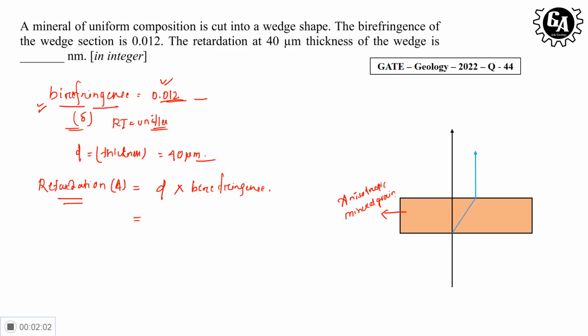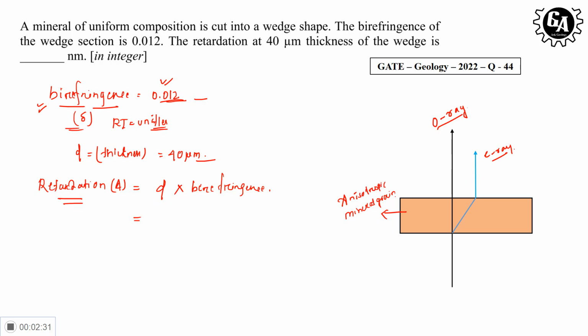The E ray is the extraordinary ray, the O ray is the ordinary ray, and they have two different planes of vibration, two different vibration directions. The undeflected ray is the O ray, and the deflected ray is the E ray. You can see this one is going straight, and this blue ray, the E ray, is bending to some extent.